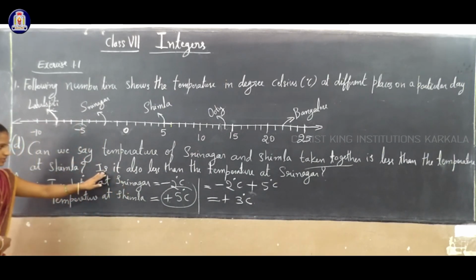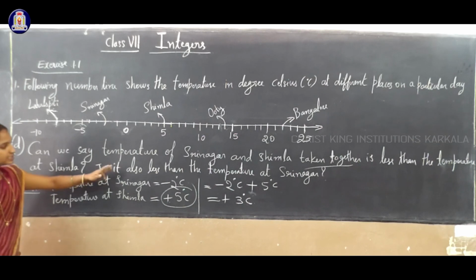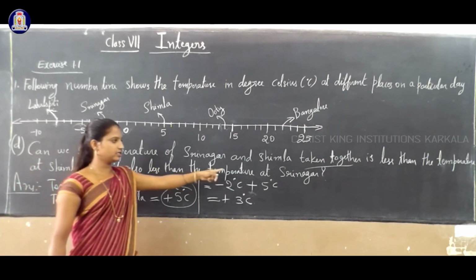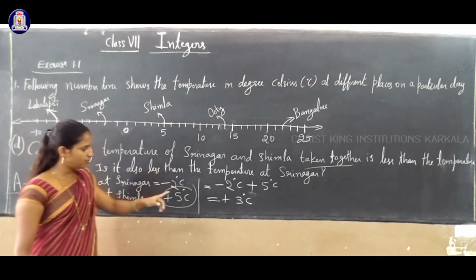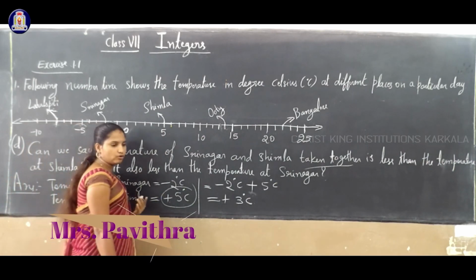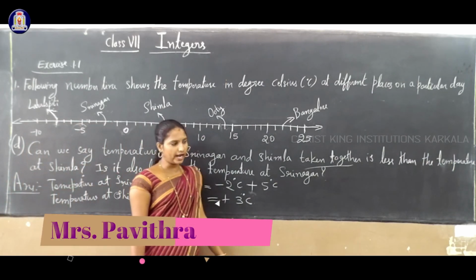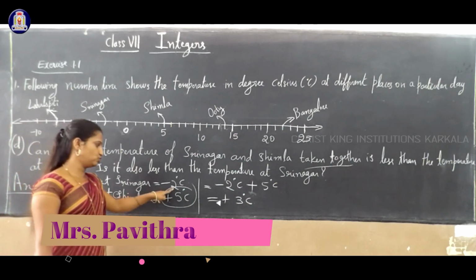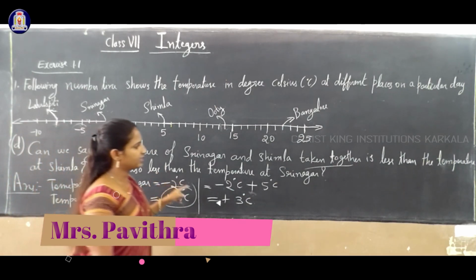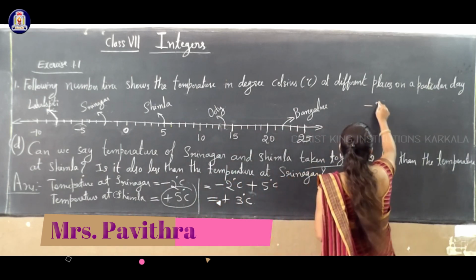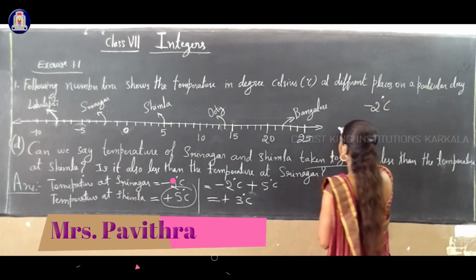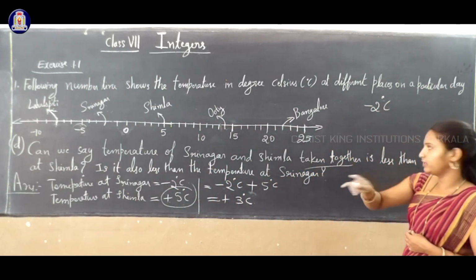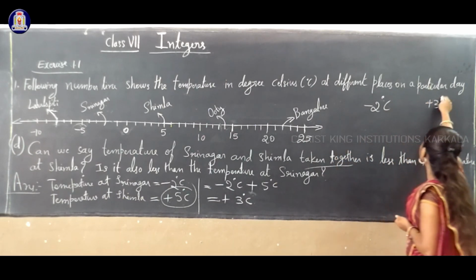One more question: is it also less than the temperature at Srinagar? Now you have to compare the temperature of Srinagar and Shimla together with that of Srinagar. The Srinagar temperature is minus 2 degrees Celsius, and Srinagar and Shimla together is plus 3 degrees Celsius.